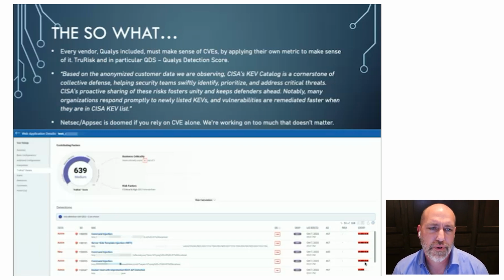And so if you're not using something to take some context about this vulnerability and apply it to your environment and sort of blur your eyes and maybe even forget what the CVSS score is and apply your own criticality score to it, or apply some more granular knowledge of it, you're probably going to be doing things you shouldn't be doing, working on things you shouldn't be working on, etc. So I talked with the Qualys guys about it, and they really are bullish on it as being sort of a cornerstone of helping people be more proactive about fixing things that are currently being exploited.